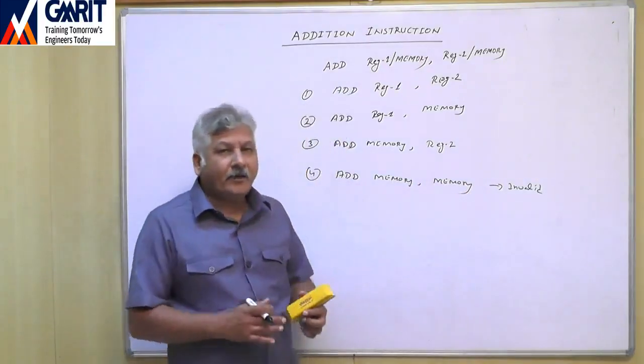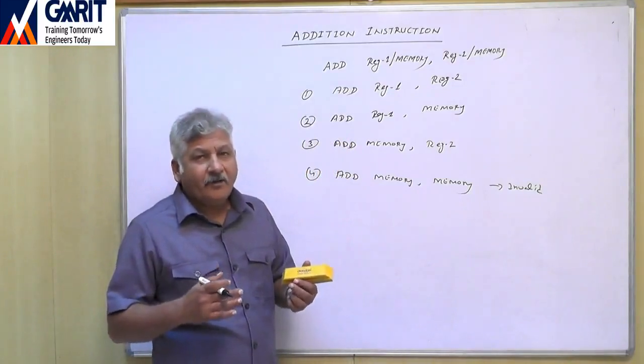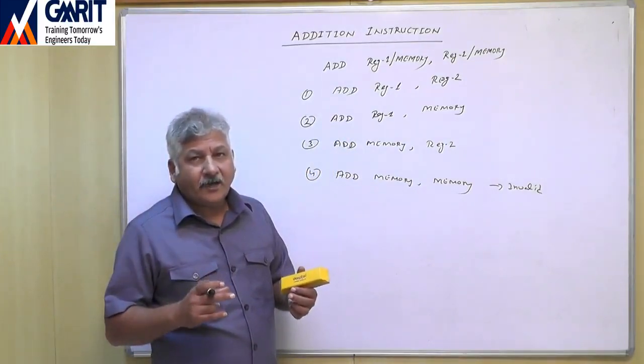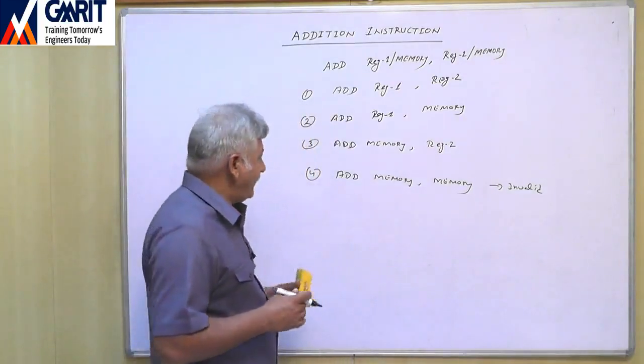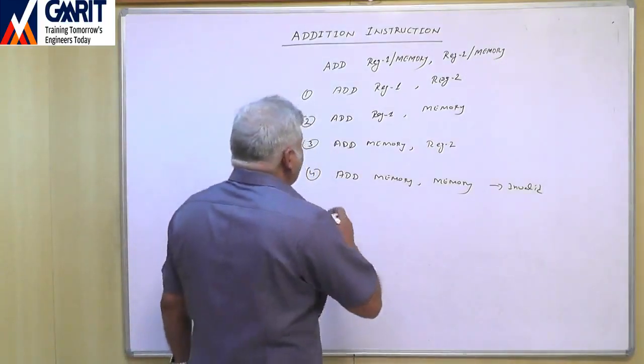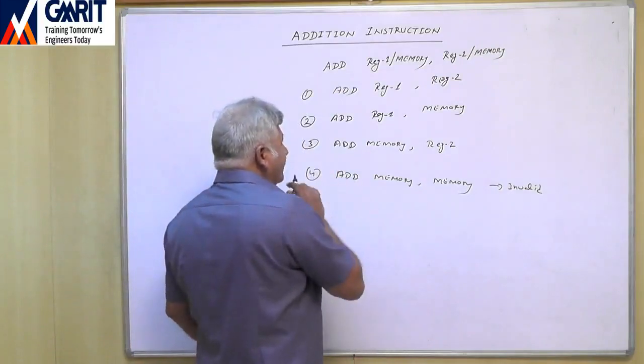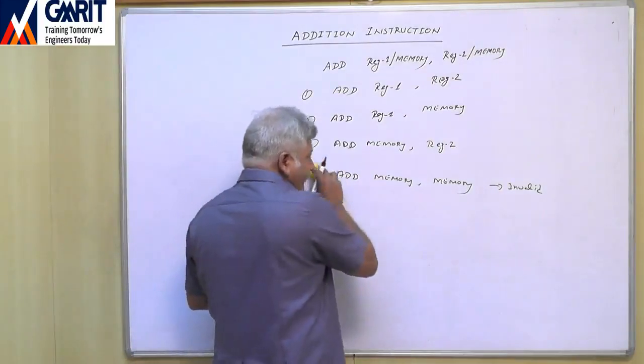If two data are in memory, then we cannot directly add those data. One data must be in some register, right? So this instruction is invalid, so we will remove this.